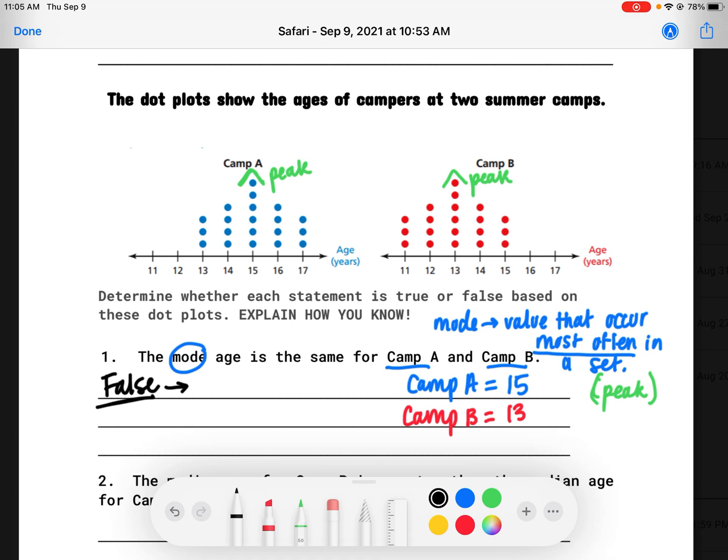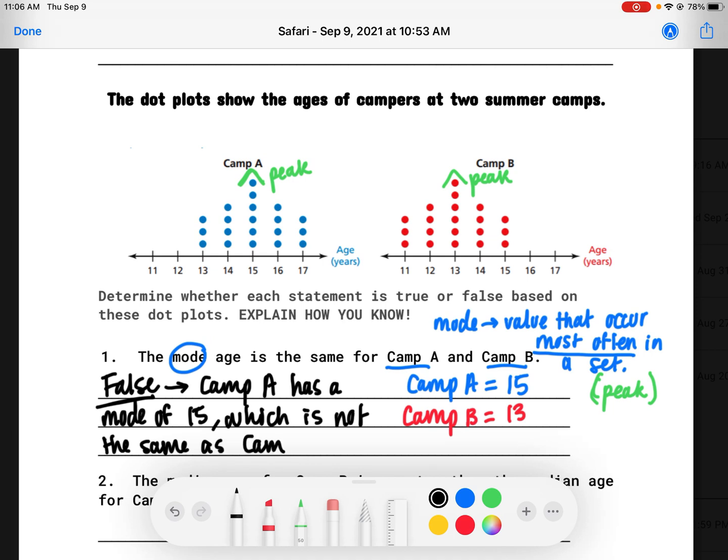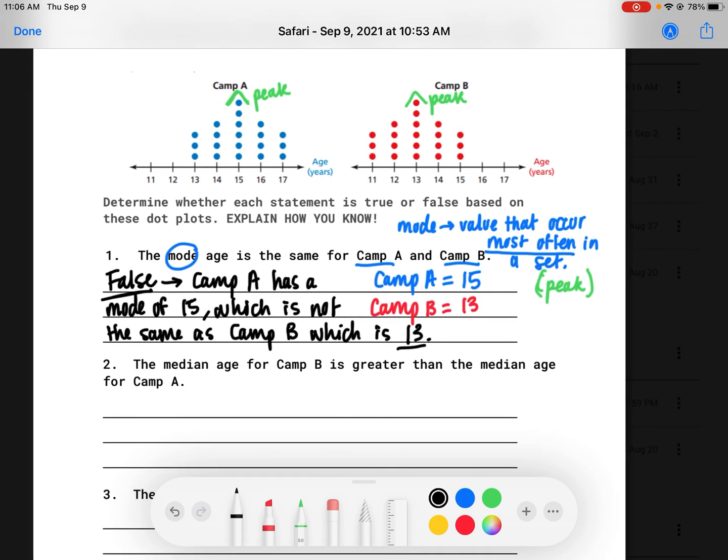I'm going to say false, because camp A has a mode of 15, which is not the same as camp B, which is 13. Pretty straightforward, right? That is how we find mode.